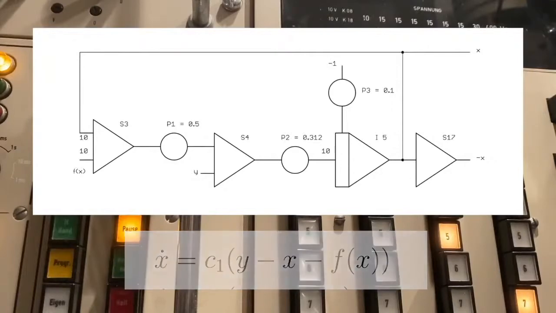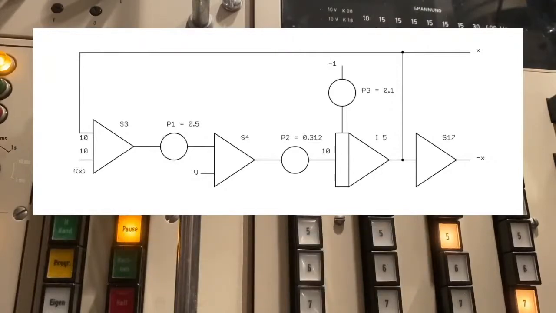At first glance, this looks pretty involved, but actually analog computer programs are pretty simple to read and even to set up. What you see are three different computing elements. You have triangular elements on the left or in the middle. These are summers.